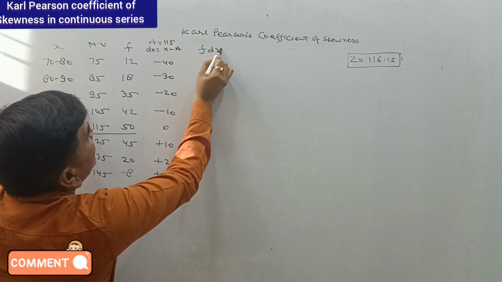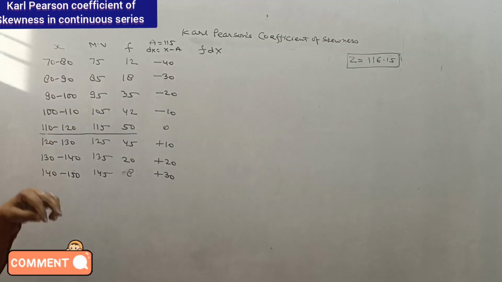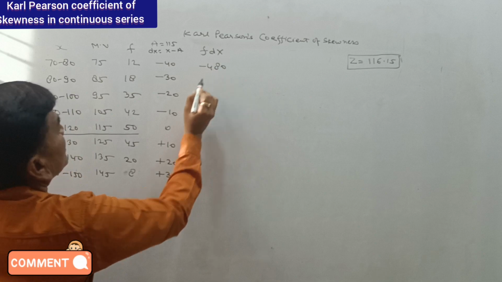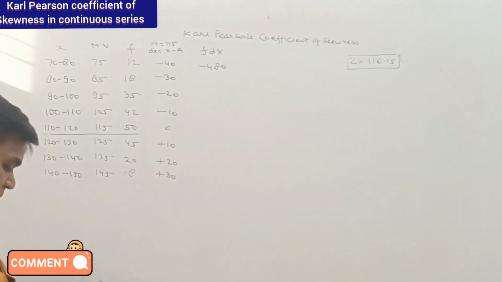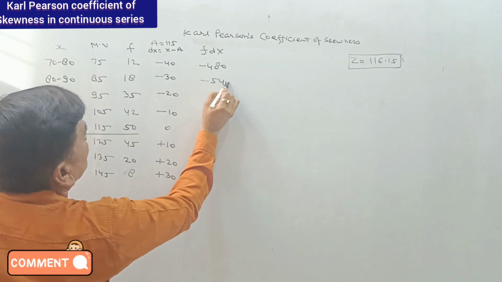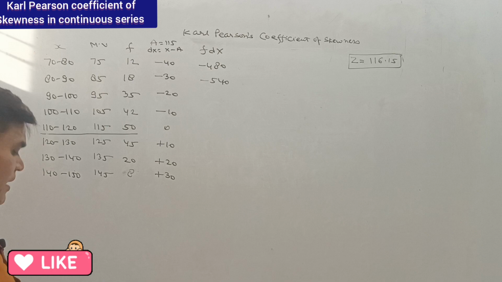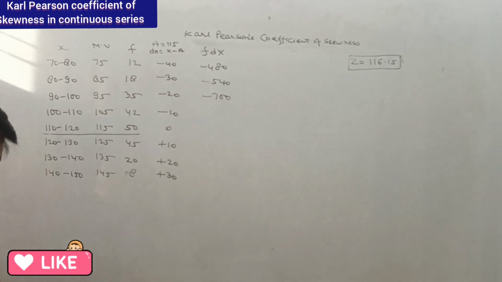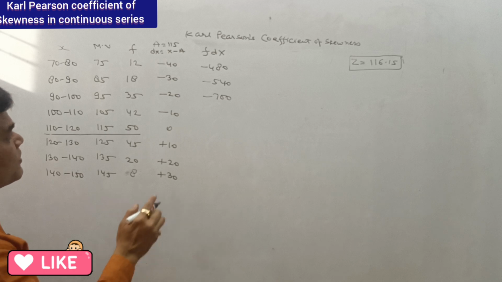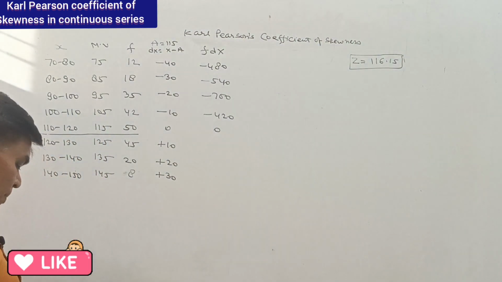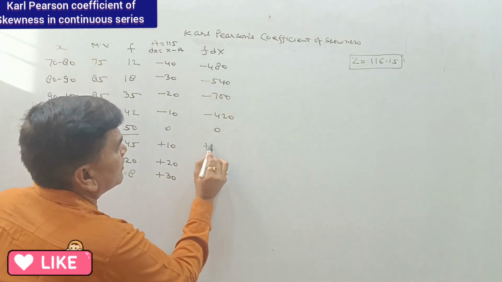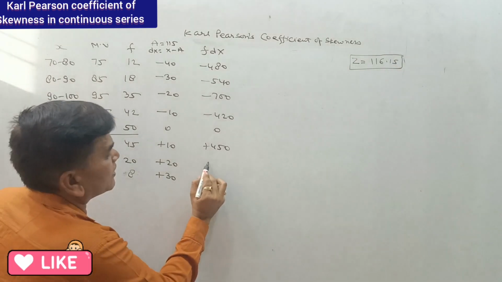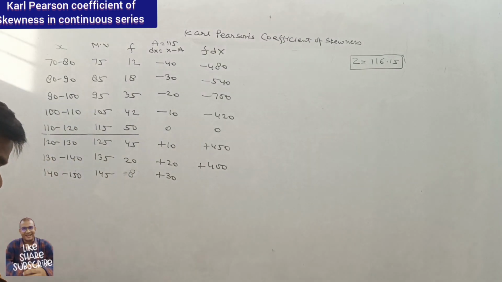Now we require fdx, which means multiplication of f and dx. 12 multiplied by 40 is minus 480. 18 multiplied by 30 is minus 540. 35 multiplied by 20 is minus 700. 42 multiplied by 10 is minus 420. 45 multiplied by 10 is plus 450. 20 multiplied by 20 is plus 400. 8 multiplied by 30 is plus 240.